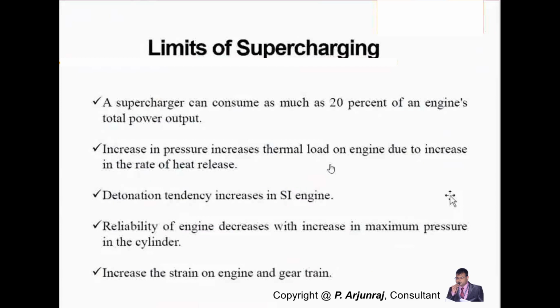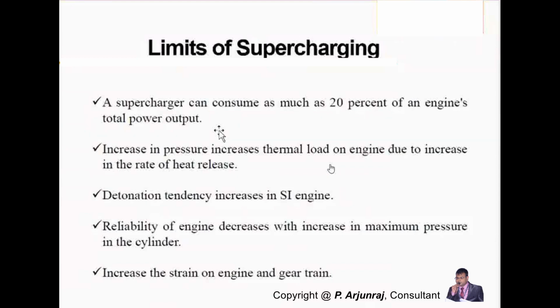So we will see some of the limits or drawbacks that we have for a supercharger. The supercharger will consume as much as 20% of the power from the engine crankshaft. Somebody is asking: the flywheel is connected to the rear end of the crankshaft. Basically you take the power from the crankshaft, which consumes almost 20% of the engine's total power output.